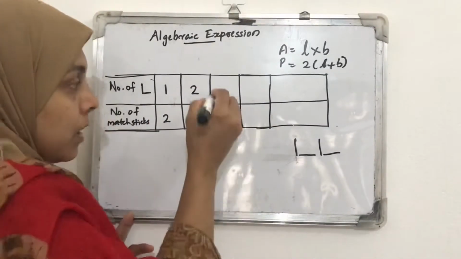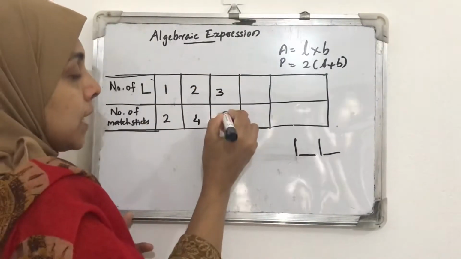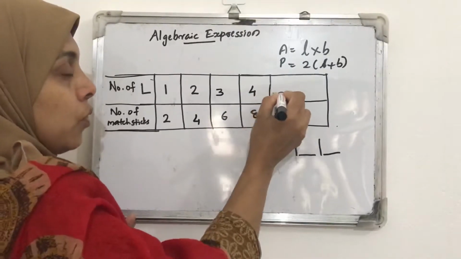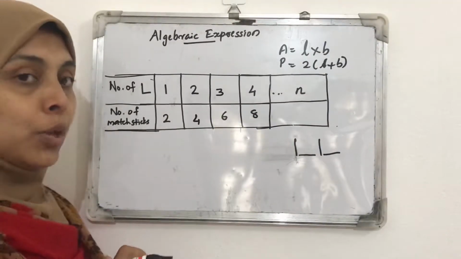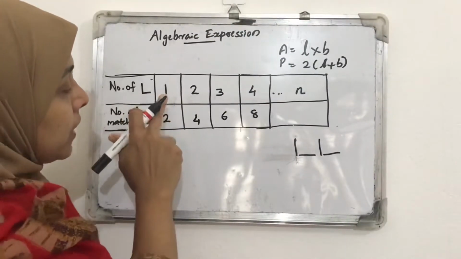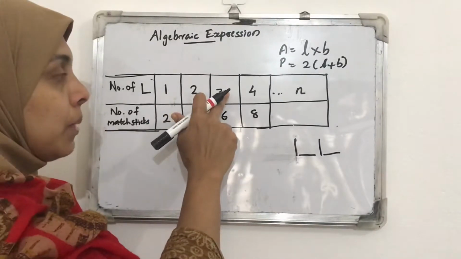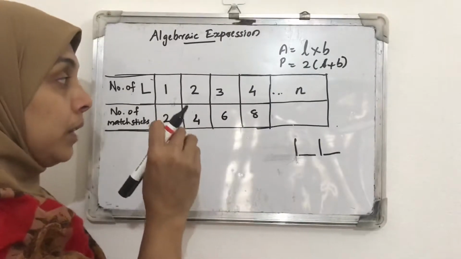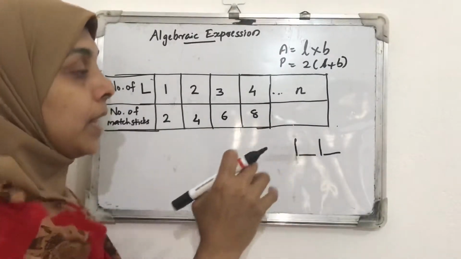For forming 3 L's, we use 6 matchsticks. If we continue this, for n L's, how many matchsticks will be used? If the number of L's formed is 1, the number of matchsticks is 2. If it is 2, matchsticks 4. If the number of L's is 3, matchsticks used is 6. Just like that, we want to form n L's.